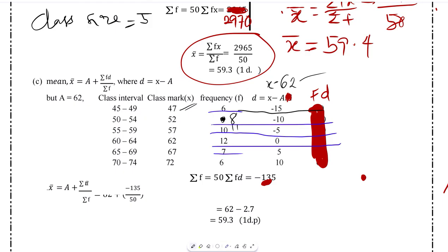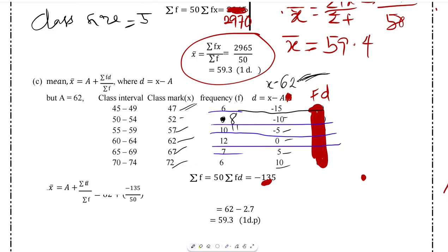So this is it. 47 minus 62, that will give you minus 15. 52 minus 62, that will give you minus 10. 57 minus 62, that will give you minus 5. 62 minus 62, that will give you 0. 67 minus 62, 5. 72 minus 62, 10. Do you understand that part now?